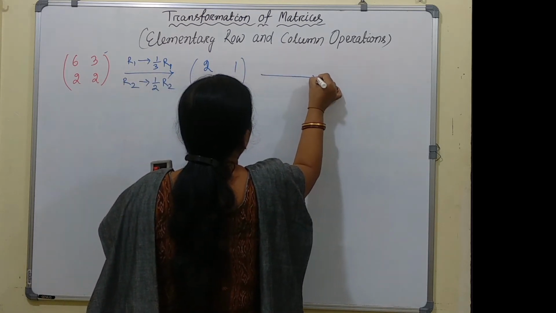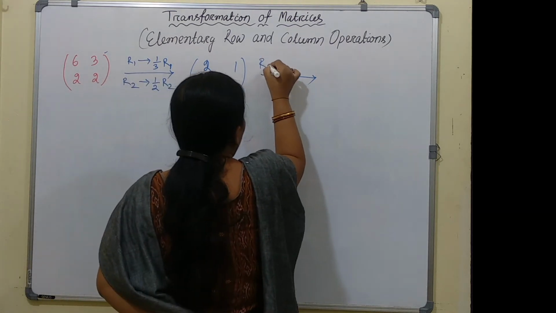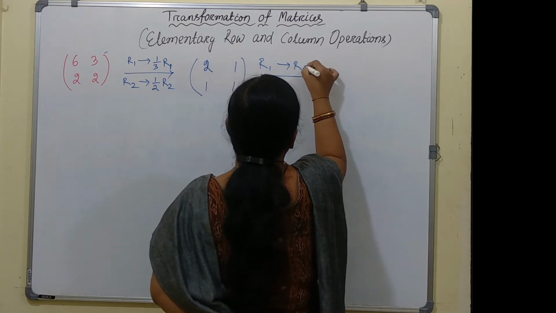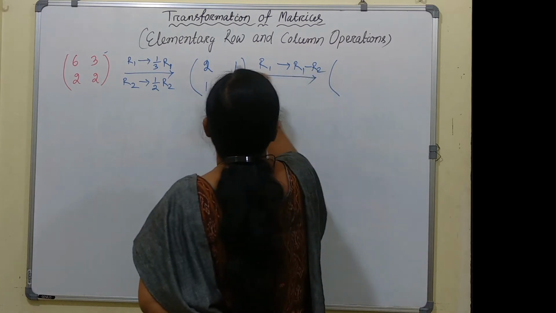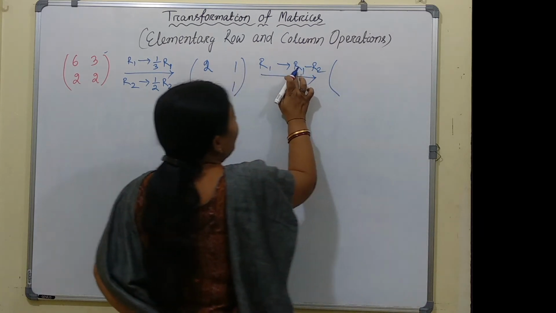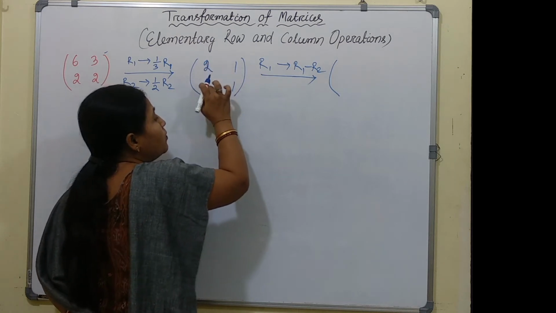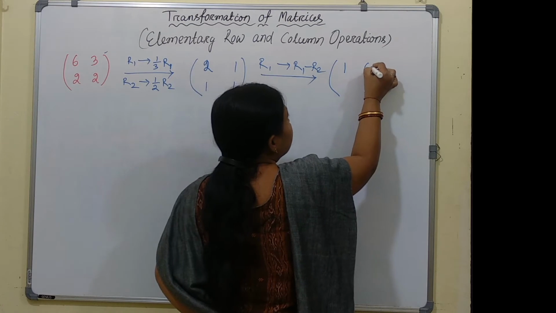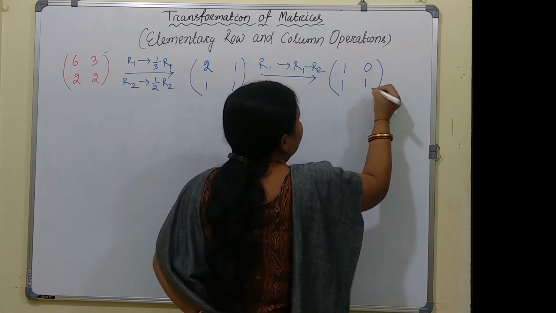Next, applying operation 3, row 1 is changing into row 1 minus row 2. So 2 minus 1 is 1, and 1 minus 1 is 0. Row 2 is 1, 1.